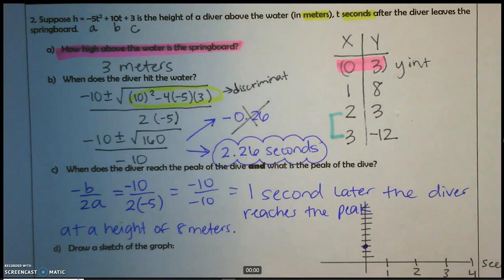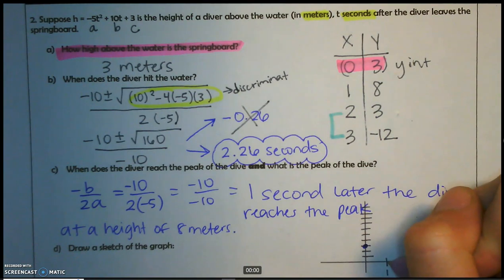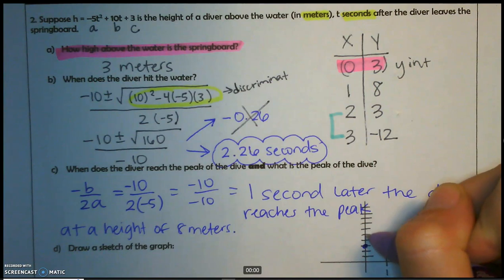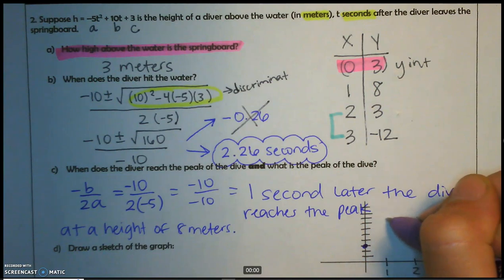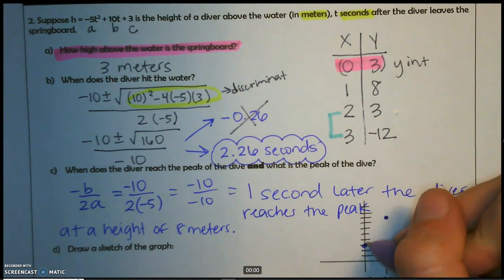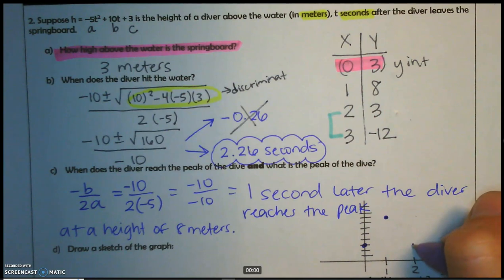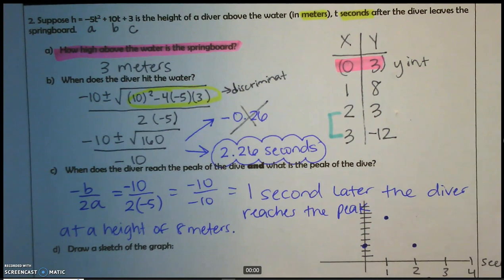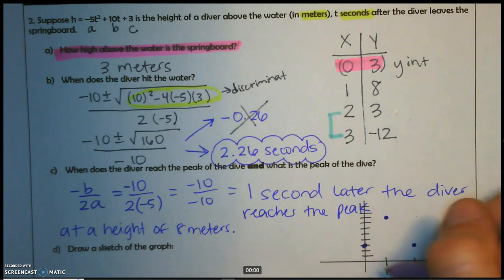So we'll put a dot here. 1 second into the scenario, it's at a height of 8 meters. 2 seconds in, it's at a height of 3 meters again. And remember that maximum height happens right at 1 second.